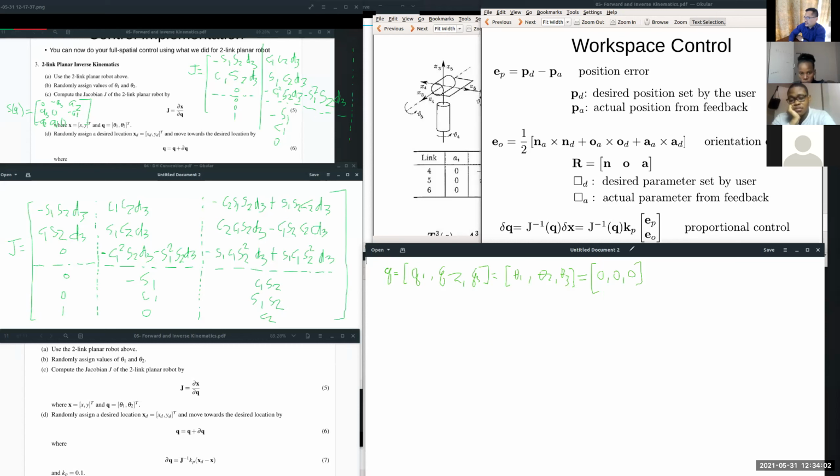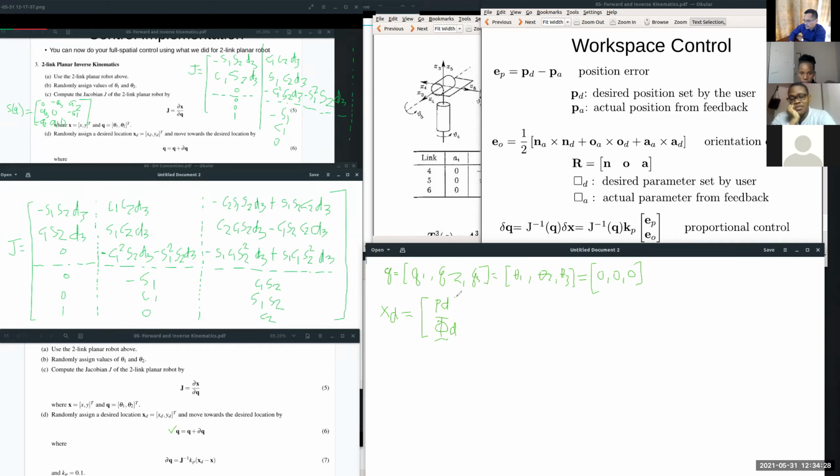Okay, then we set our desired x. Your x desired is composed of two things: the desired position, and a certain kind of desired orientation.